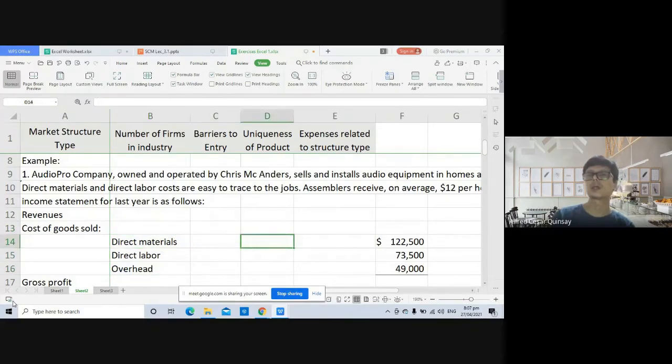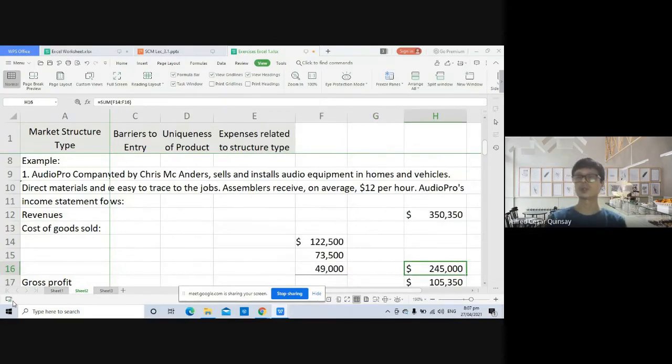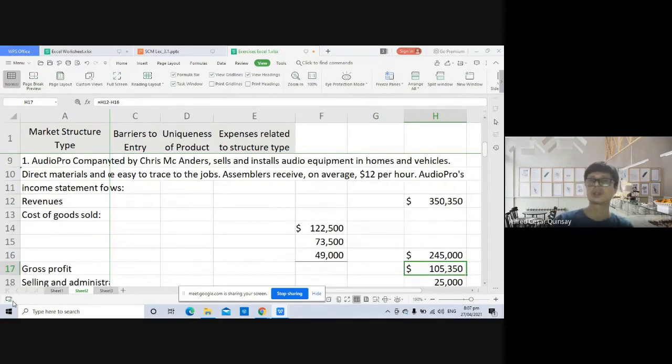So as we can see here, yung direct materials is 122,500, 73,500 for direct labor, and for overhead is 49,000 for a total of 245,000. So these are the givens, no? Okay, so yung gross profit, of course, ibabawas mo lang yung COGS or yung cost of sales from the revenues. So you get yung gross profit.